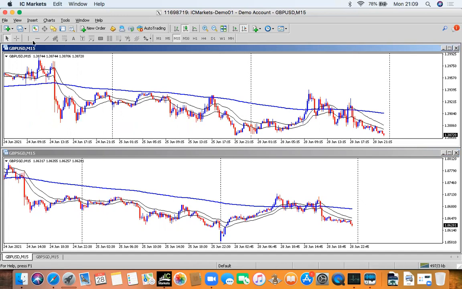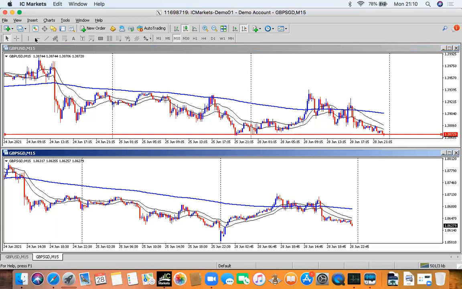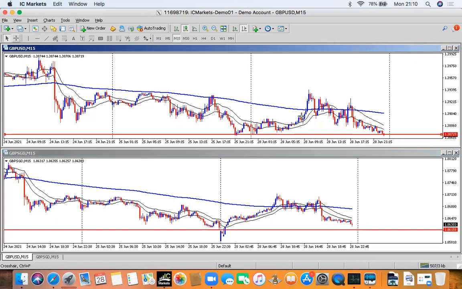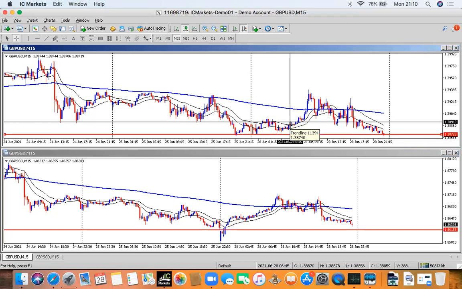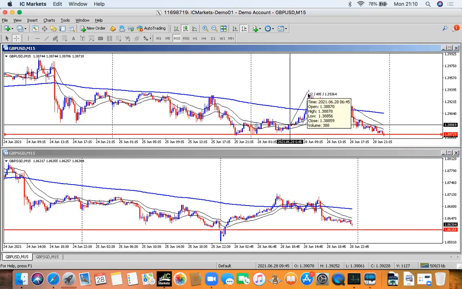Now you can see there wasn't a break on this, but there was for this. You can see how it bought right from here, about 60 pips, which I missed.